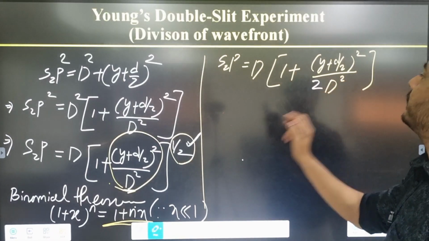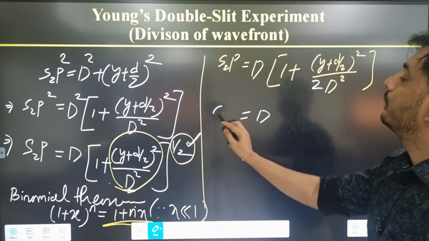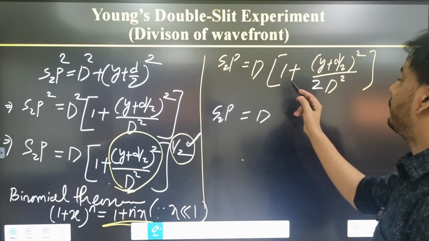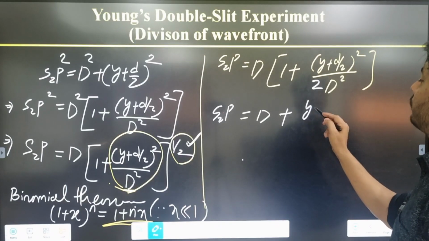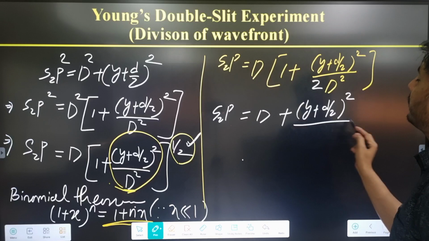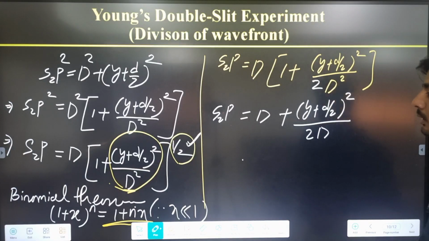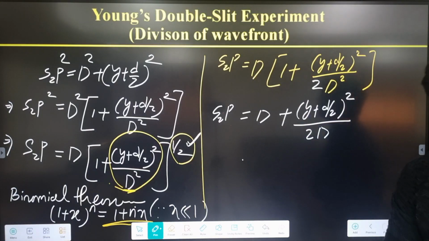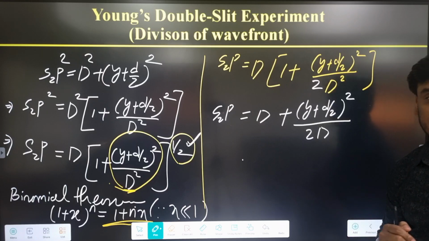Now if you multiply capital D here, S2P will be capital D plus (Y plus D by 2) square divided by 2D. So this is the expression for S2 to P.